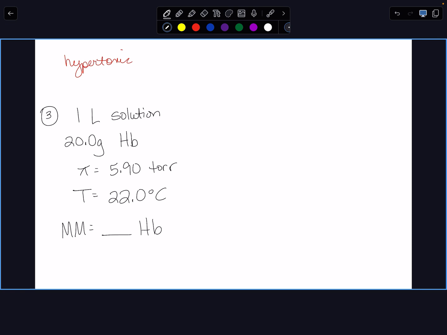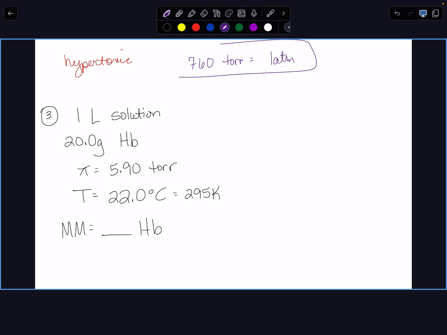Off the bat, I see we have to convert Celsius to Kelvin. 22 Celsius is what Kelvin? It's 295 Kelvin. We also have to convert torr to atmospheres. I'm going to write at the top: there's 760 torr in 1 atmosphere.